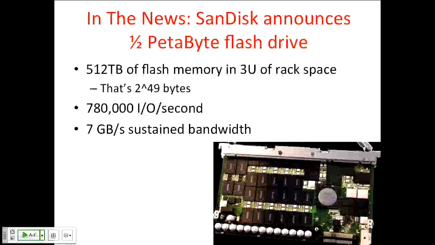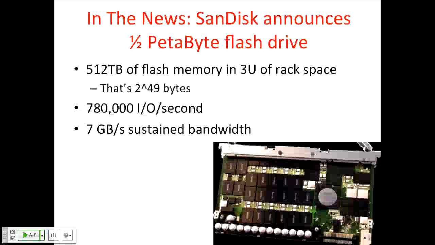So your Facebook feeds will be living in this kind of stuff sometime soon. But one thing to think about, that's 2 to the 49 bytes of storage just in 3U of a rack space. So pretty soon we're going to run out of, you thought 64-bit address space was big, but we're kind of running out of 64 bits of address space sometime in your career in the next decade, right?